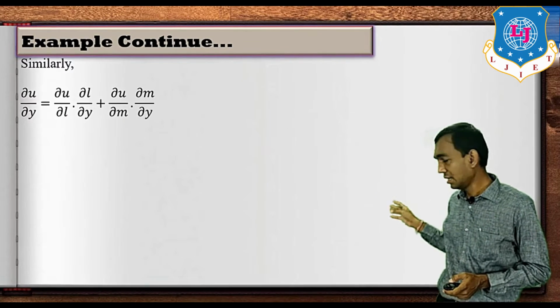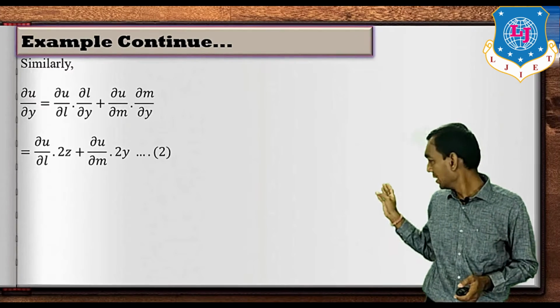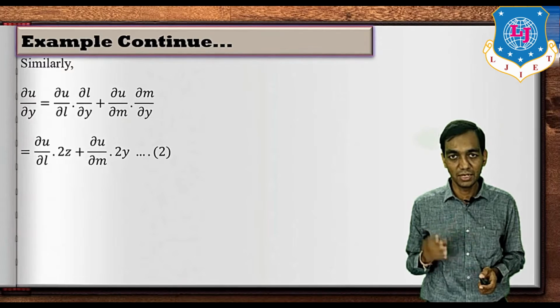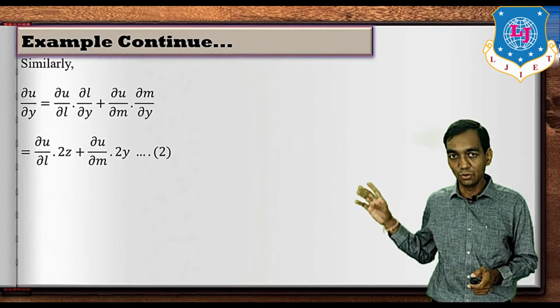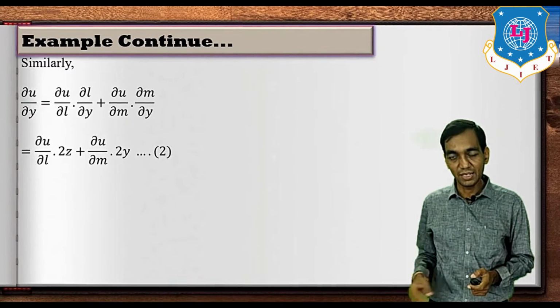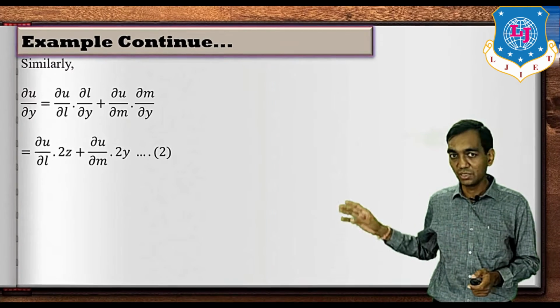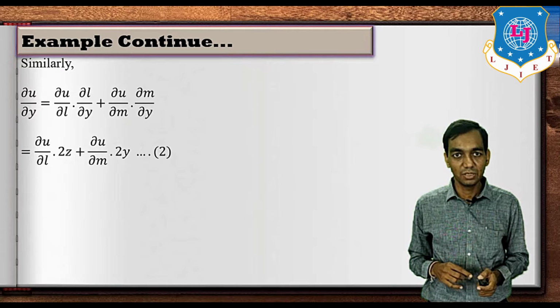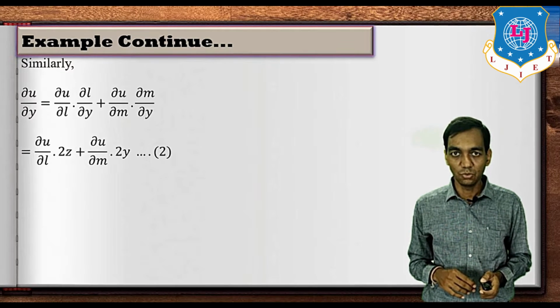In the same manner, del u upon del y is del u by del L into del L by del y plus del u by del M into del M by del y, and del L by del y has a value 2z, del M by del y has a value 2y. So your equation reduces to the form del u by del L into 2z plus del u by del M into 2y.